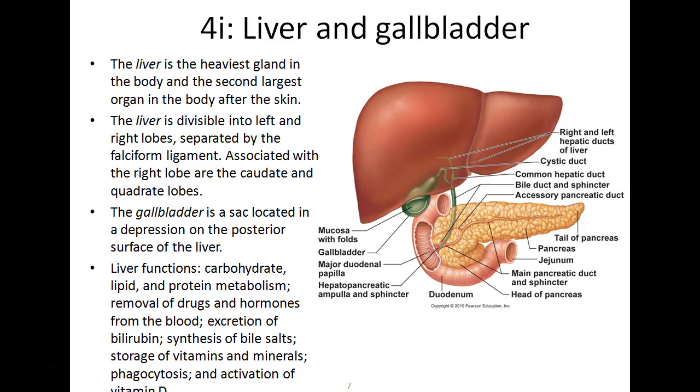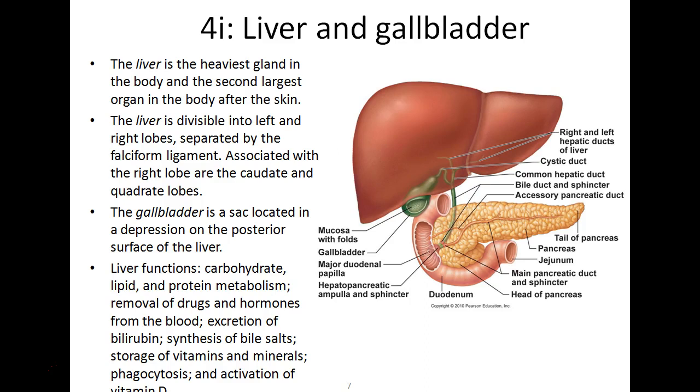It excretes bilirubin, synthesizes bile salts, stores vitamins and minerals. It also has the task of bacterial phagocytosis and also the activation of vitamin D. So it's a wide-ranging organ in its functions, but here we focus mostly on the synthesis of bile salts.